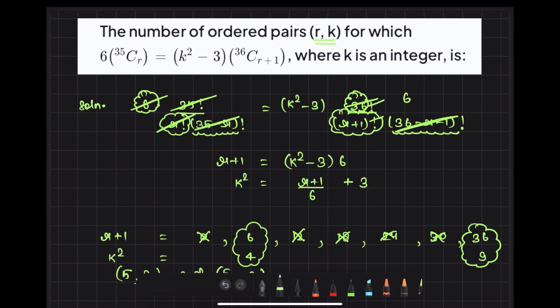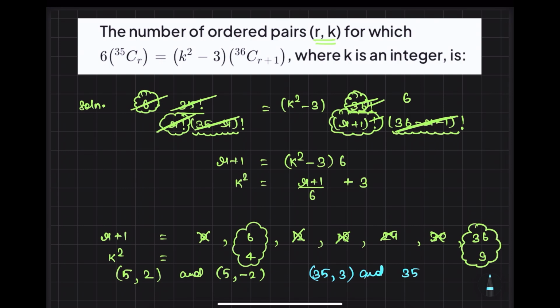Now r plus 1 is 36, so r becomes 35. If r is 35, I can go with k as 3 and minus 3, giving (35, 3) and (35, minus 3). So we got 4 ordered pairs. The required number is 4. I hope the idea is clear.